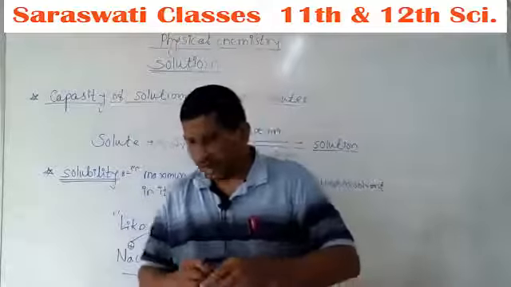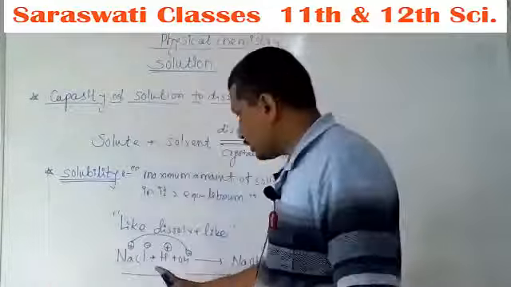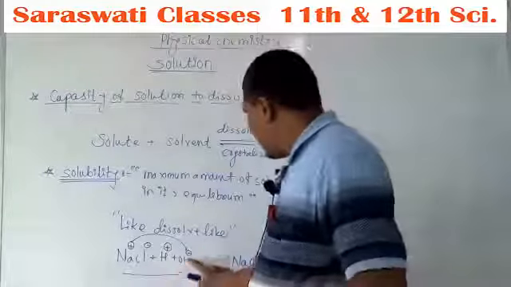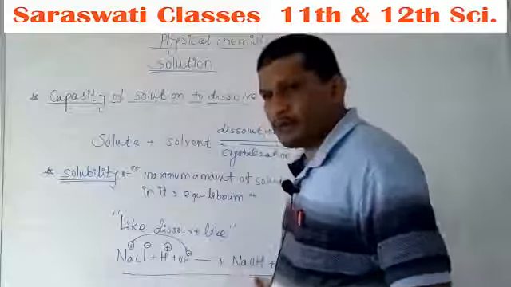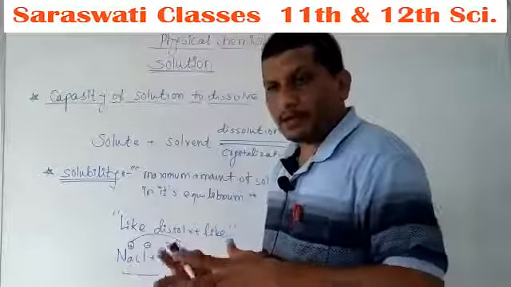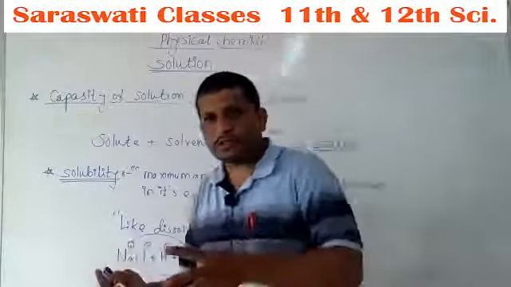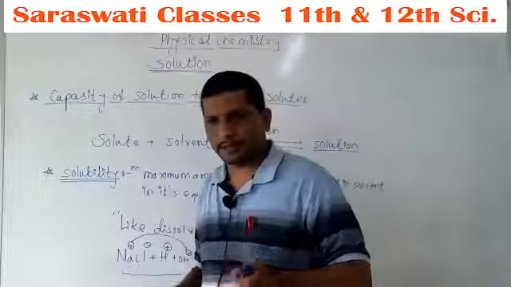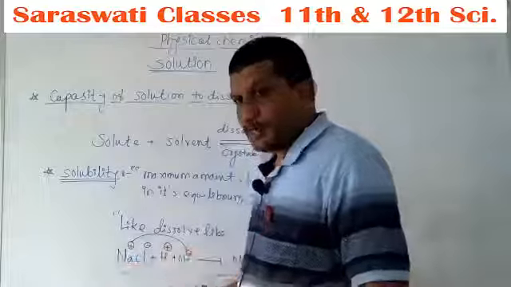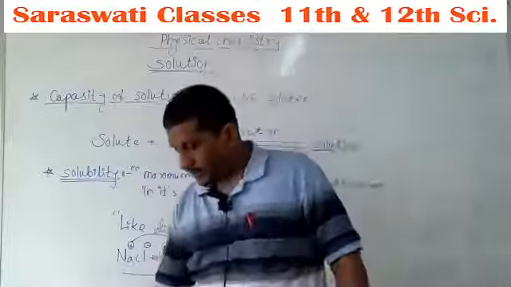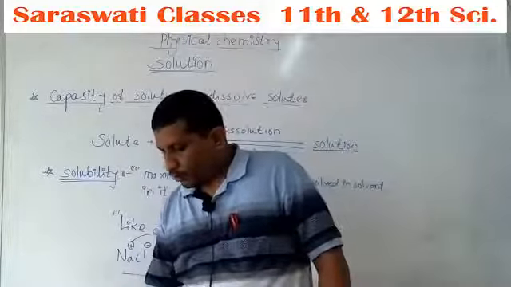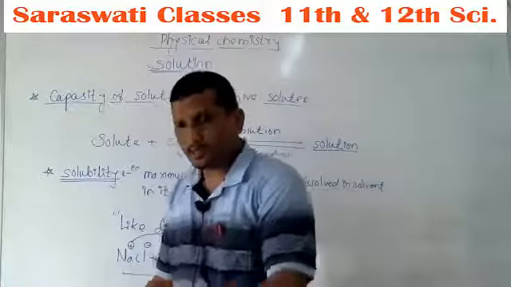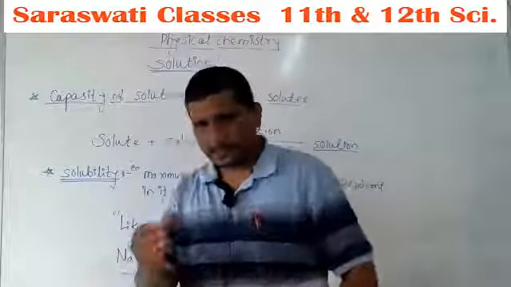Nature of solute and solvent: the solute is polar and the solvent is also polar, hence intermolecular attraction or force forms between the solute and solvent and forms bonds. In this way, solubility follows like dissolves like; for example, a polar solute dissolves in a polar solvent. This example is discussed in your book.